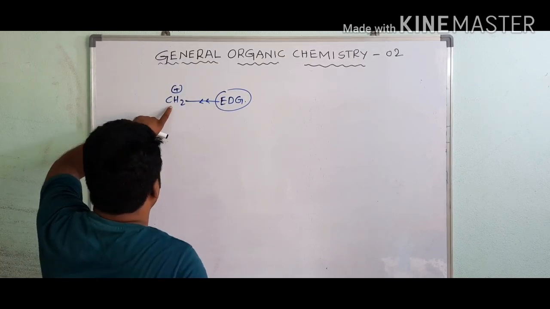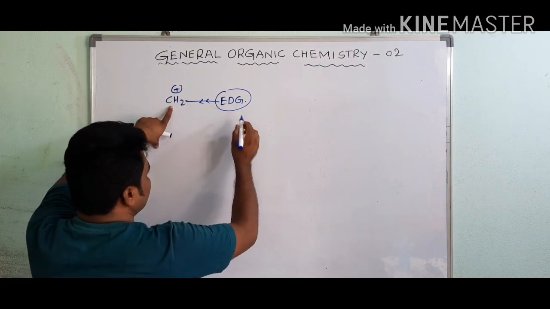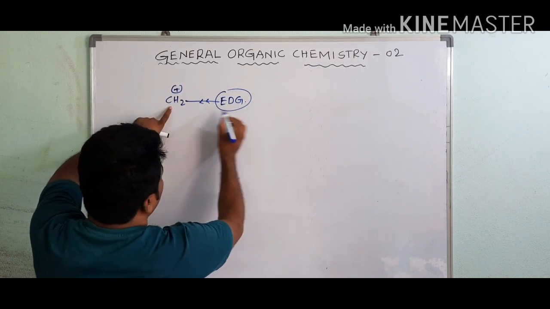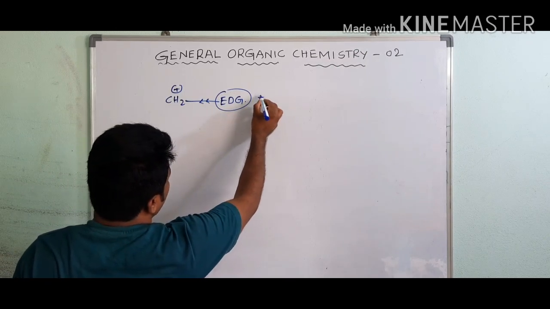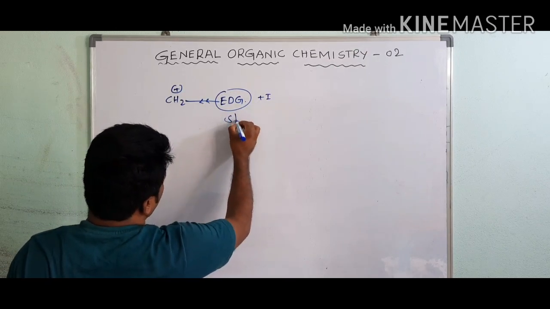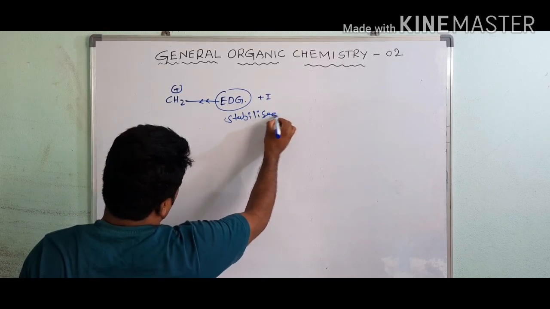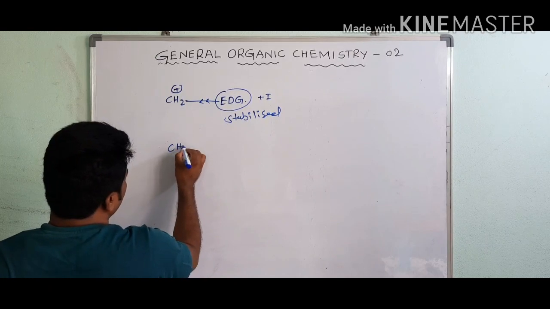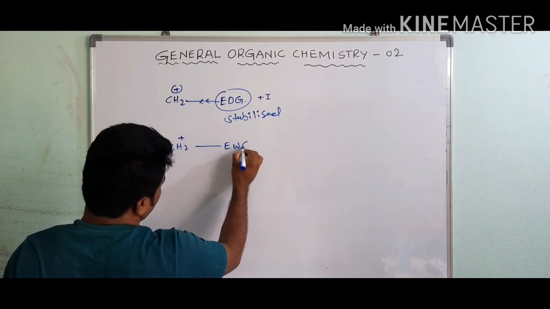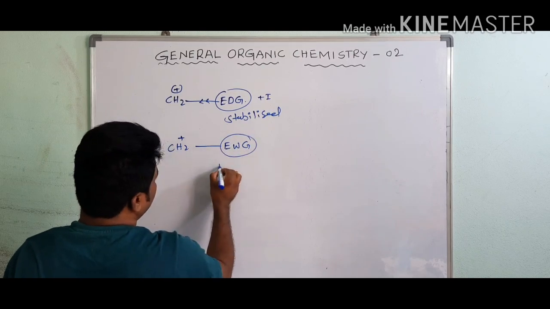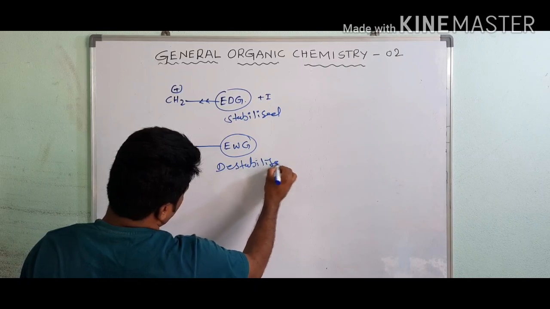Now this is actually electron deficient, and it becomes stabilized by these electron donating groups. It means what? The alkyl group shows which effect? Plus effect. Stabilized. Now if any electron withdrawing group is present, this carbocation is destabilized. Okay, this is the point.